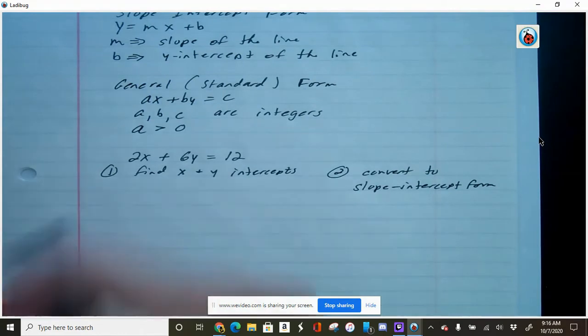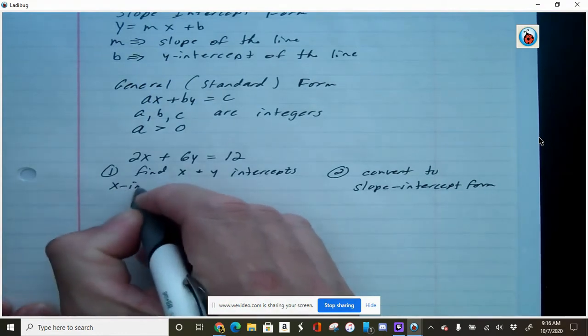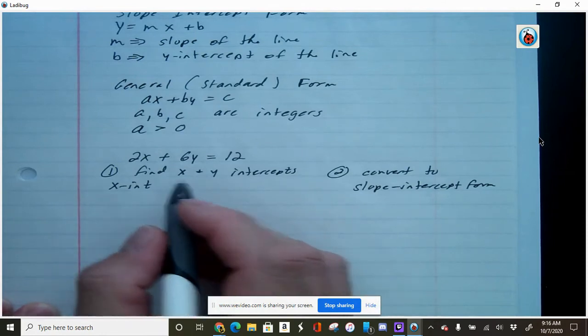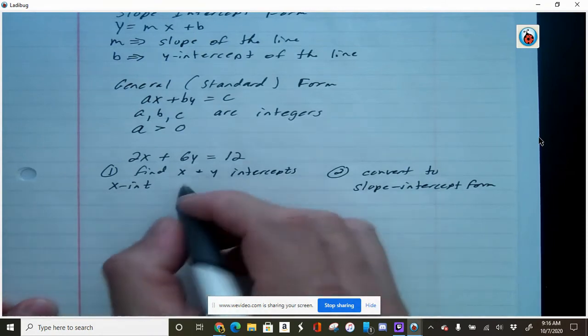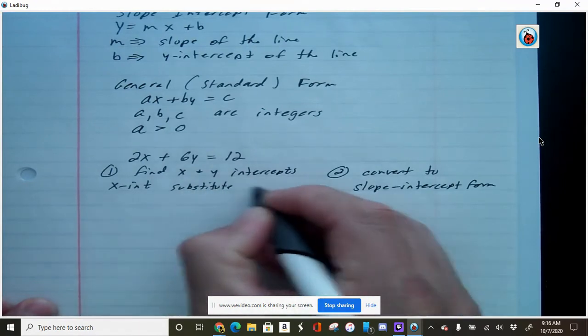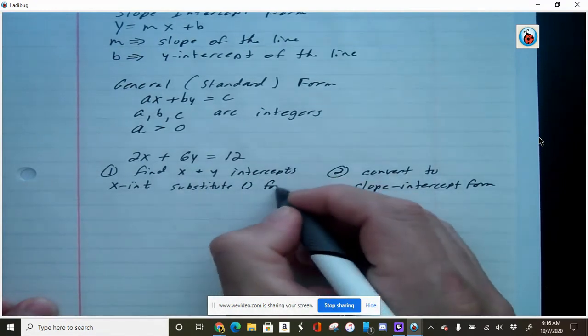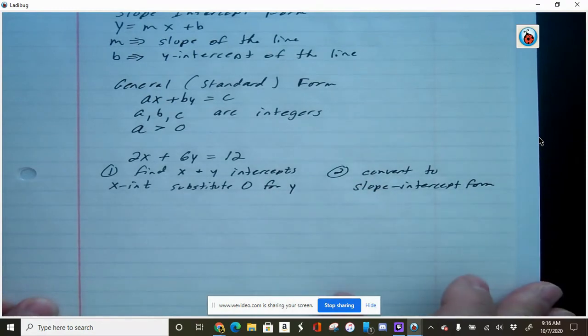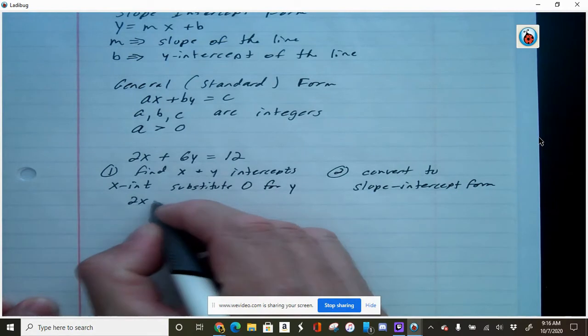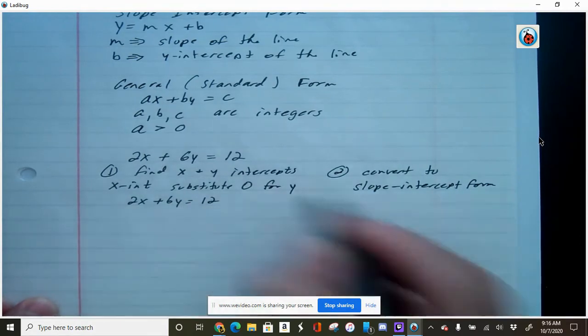Okay, anyway, as you recall from about a week and a half, 2 weeks ago, to find the x-intercept, you're going to substitute 0 for y. So let's take our equation, 2x plus 6y equals 12.